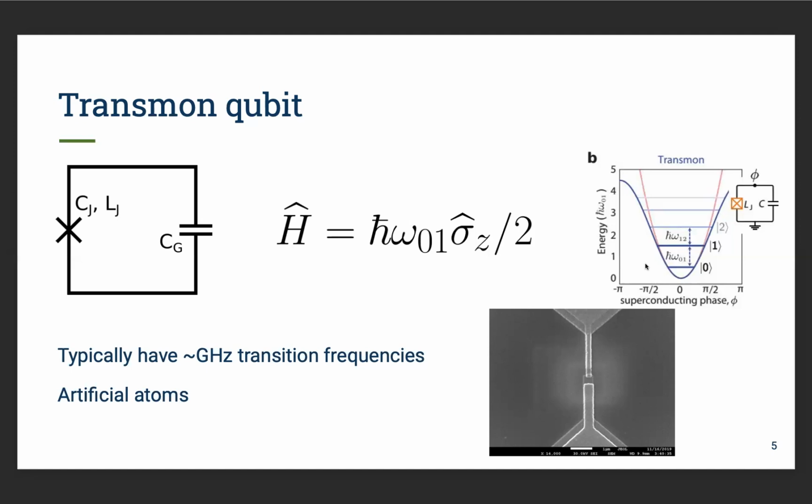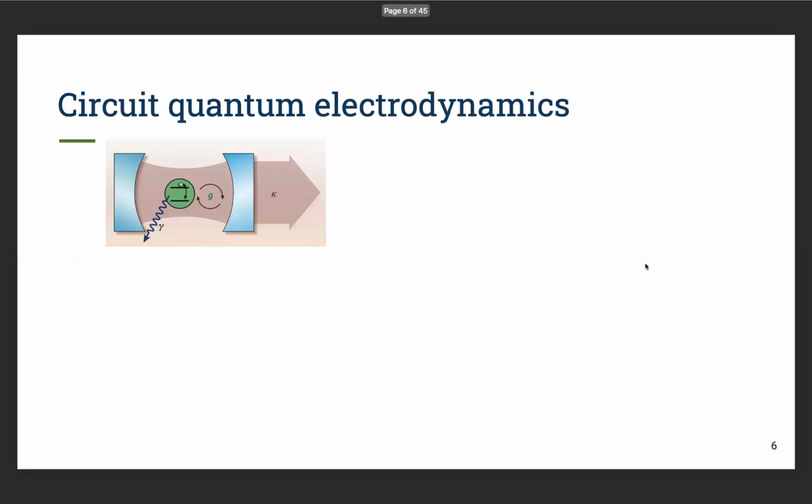Now that we have our qubit, how can we actually apply pulses to it and measure its state? To do so, we're going to rely heavily on some theory that was already developed for the field of quantum optics. You can imagine a situation where you have an atom between two mirrors, and you can send light into these mirrors, and this will bounce back and forth, or resonate, between the mirrors and interact with the atom.